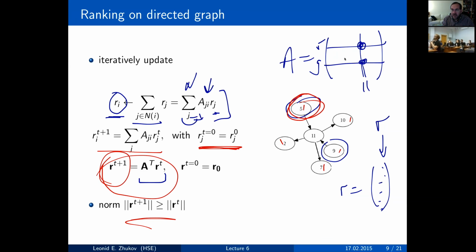And the only trouble we would have is the increasing length of vector R. But we know how to deal with that. We'll just introduce some sort of damping factor here, the way we did for the Katz centrality, and that would work. Here, there are more troubles than that.